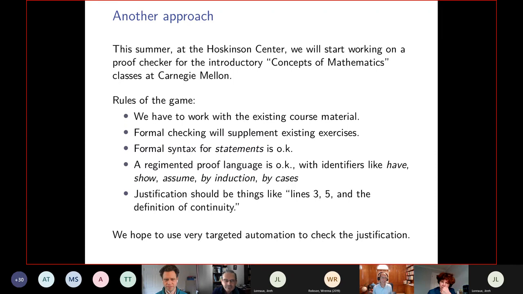But the justification should be something like, well, just use this follows from lines 3 and 5 and the definition of continuity, right? You shouldn't have to be naming tactics and arcane theorems. Maybe a big theorem like the mean value theorem, but no crazy theorem names or anything like that. And so we're going to start experimenting to determine the extent to which conventional automation can do that.